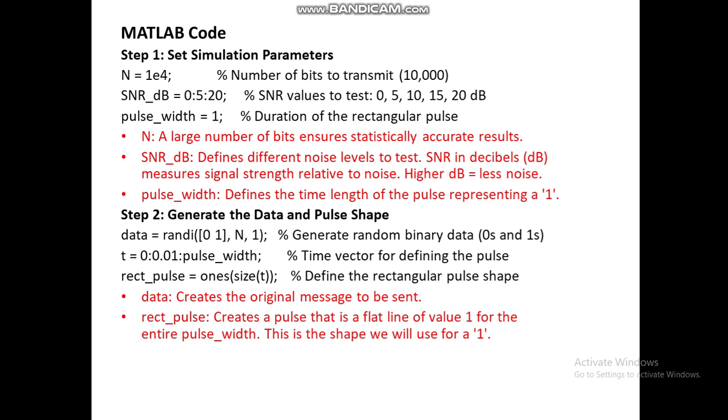In the MATLAB code, we will explain the steps. Step one, we set the simulation parameters. Step two, we generate the data and pulse shape; randomly we generate bits of zeros and ones.